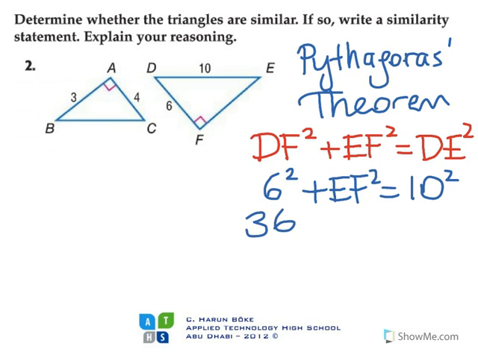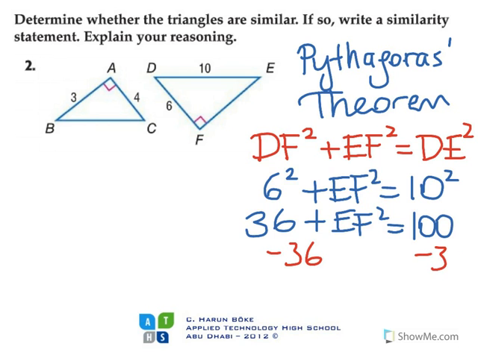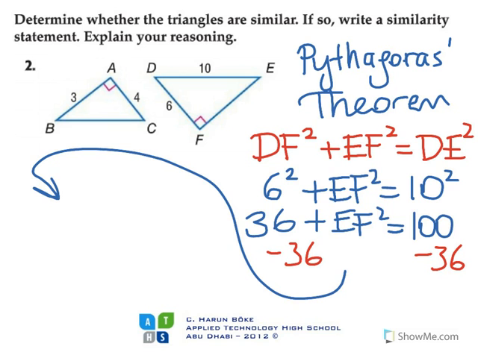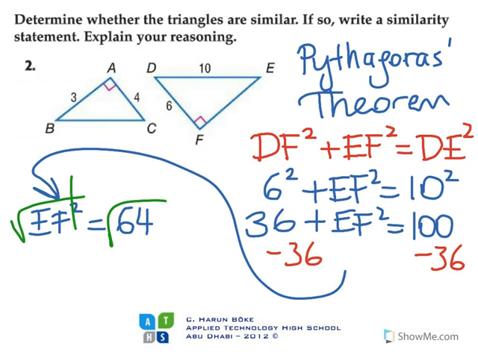So this will be 36 here, not 12, plus EF squared equals 100, not 20. If you subtract 36 from both sides, you will have EF squared to be 64, which if you take the square root of both sides, well, you remember that square and square root cancel out, you will have EF to be 8.